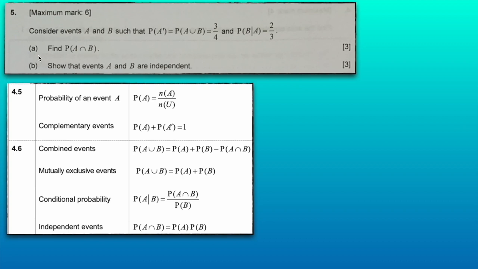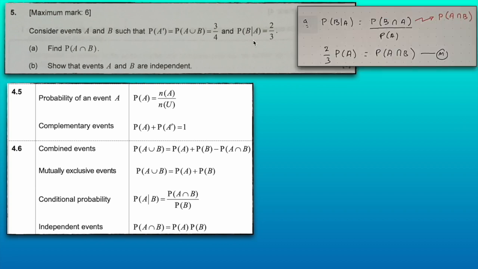To solve question A, let's work based on the information given. We are given probability of B given A, and P(B given A), using this formula, is equal to P(B intersection A) over P(A), and P(B intersection A) is the same as P(A intersection B).